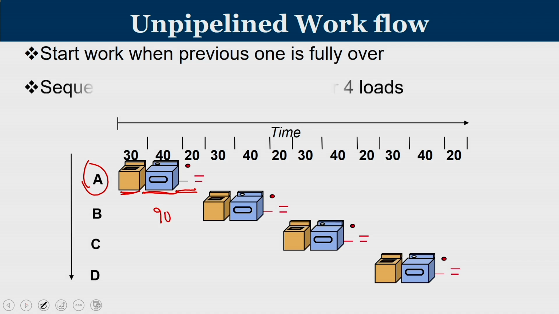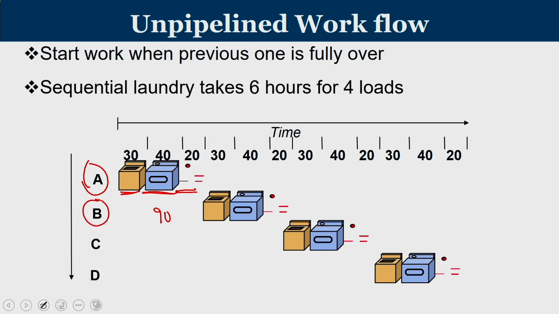So, when you do the work like this, it is called a sequential laundry, where the washing process of the second workload starts only if the complete work associated with the previous workload is over. That means, washing of B will start, this entire process will start only if A is completely over.